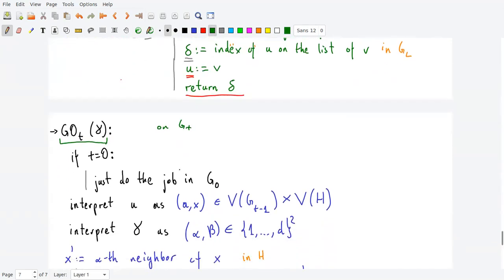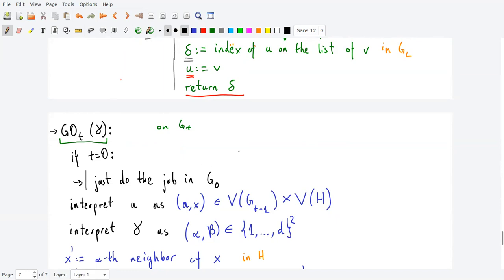First of all, if we are already down at the graph G0, not precisely, because we are still emulating G0 using the very original graph G. But if t is equal to 0, we have already seen how to implement the neighborhood lists in G0. So if t is equal to 0, we just do the job in G0. This is the bottom of the recursion.